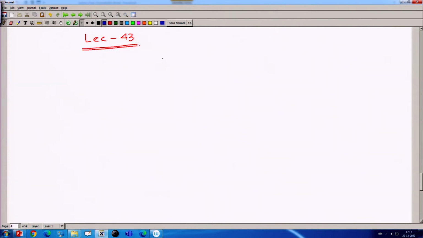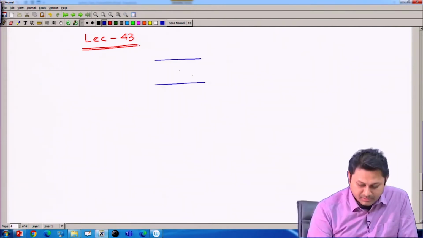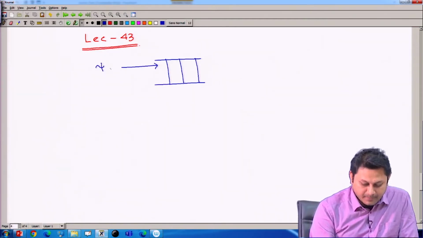So, our aim here is to, this was the Bragg grating structure and I had a wave psi forward and then psi backward.